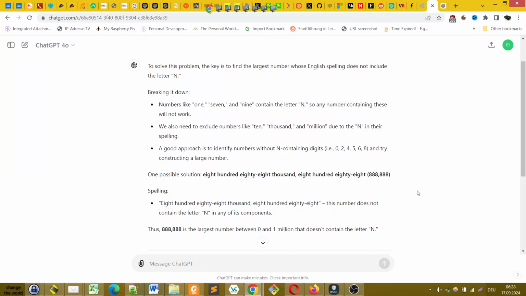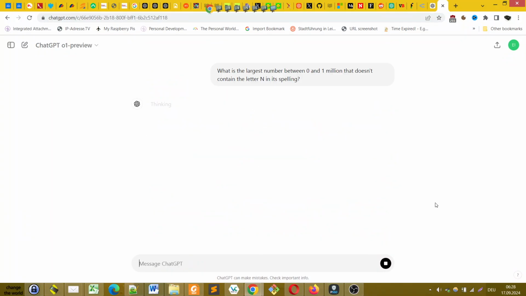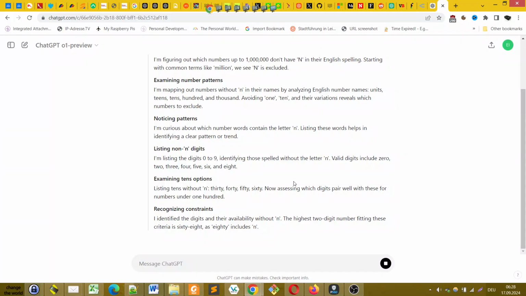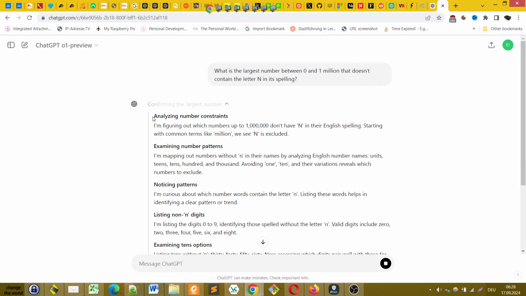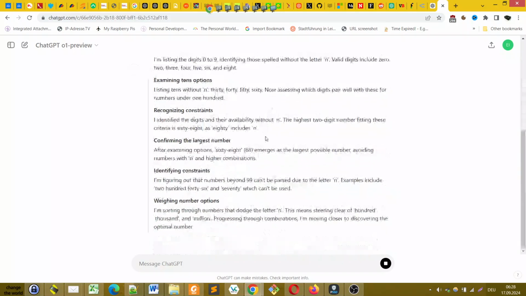Let's give the same task to ChatGPT o1-preview. Here's what's new. Instead of immediately giving you an answer, it says thinking, and then it shows you different summaries. If you want to know more in greater detail what's going on, you will see feedback here, but these are summaries.